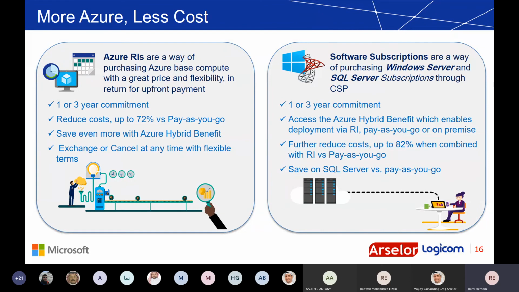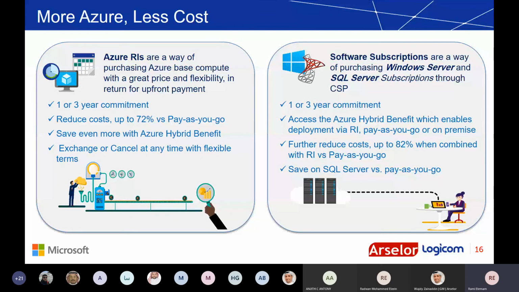So for people who don't like to stop their VMs, Microsoft said that if you commit to use this server with the same specs for 1 year, you will have more discount for the computing part. And if you have your on-premises license like Windows Server and SQL Server, you can use them on Azure, but you need to have Software Assurance.